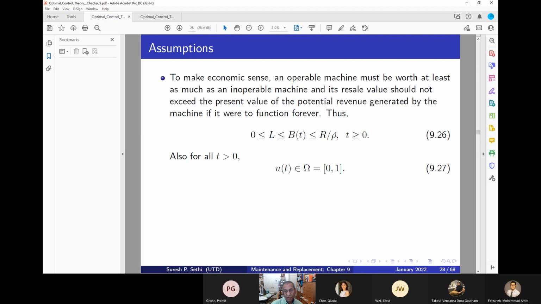So R divided by rho is absolutely the most you can get out of this machine in terms of present value, even if the machine did not fail all the way to infinity. So B(t) must be less than or equal to R(t) divided by rho. Remember, all of these assumptions are needed when we try to see whether the expression is positive or negative or increasing or decreasing. All of these assumptions are needed in some way or another. So we can just make those now. But they are sensible.